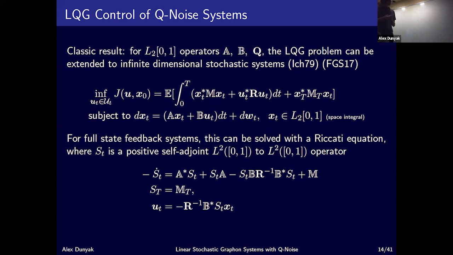When you have a full state feedback system, you can use the Riccati equation solution again. It has the same form as the previous Riccati equation, and you end up with this same linear feedback on the state x.